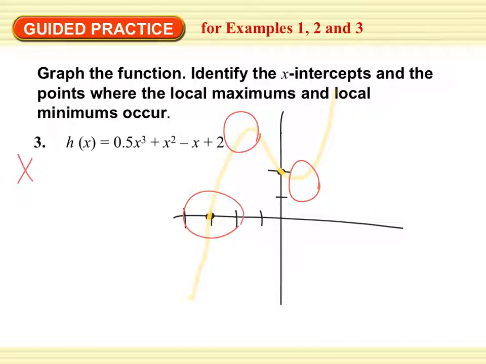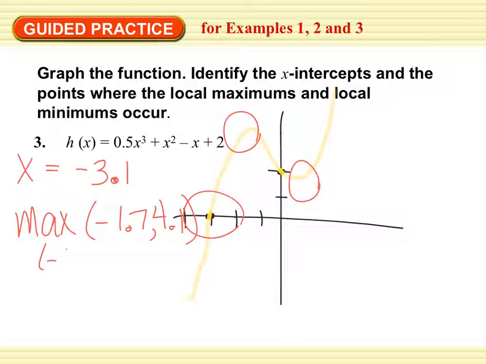So x-intercept is going to be at 3. Actually, if I went to the calculator exactly, it was -3.1. My maximum is going to be -1.7, 4.1.